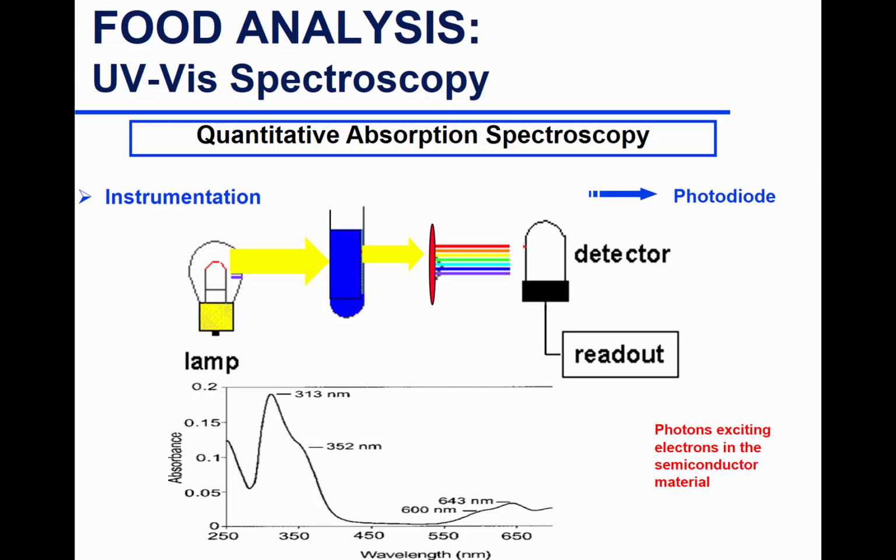And that's why we get a scan. So there's no monochromator, I'm sorry. There is a photodiode array detector where all of the light at all wavelengths reach the detector.